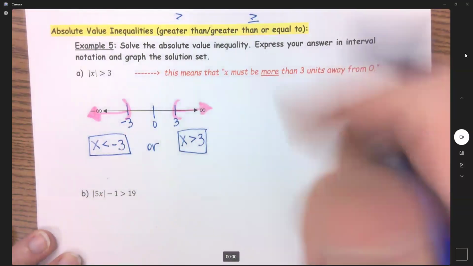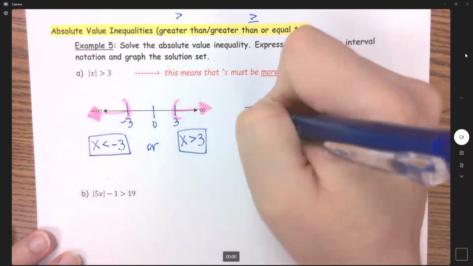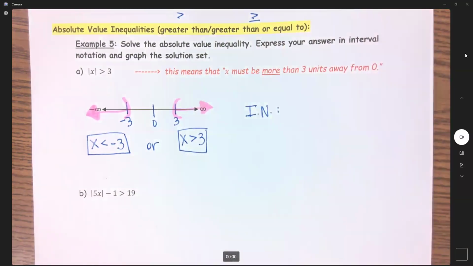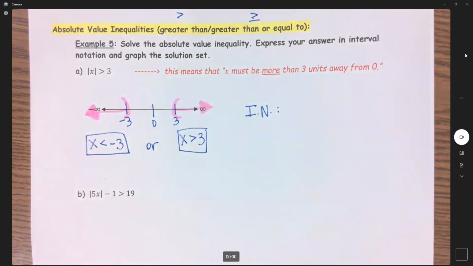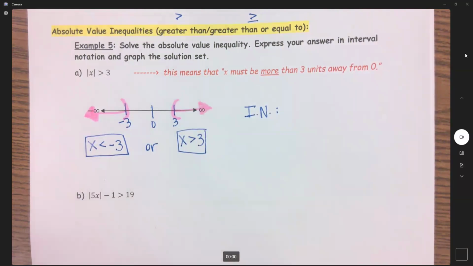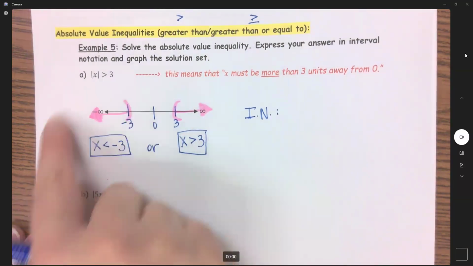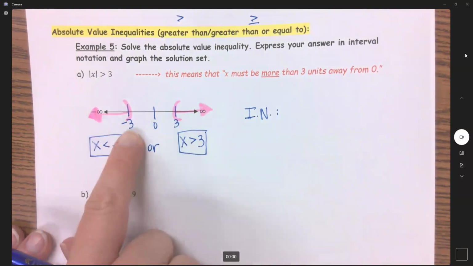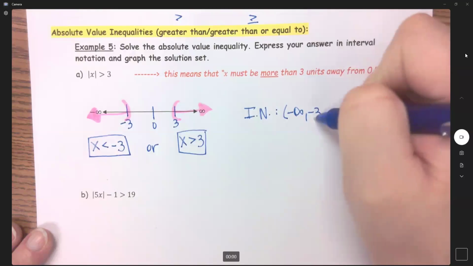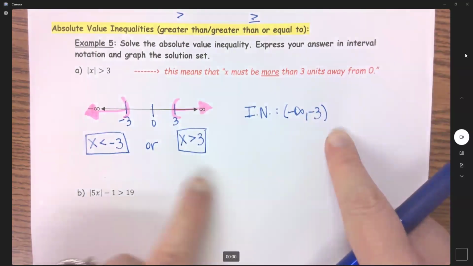Now let's express our answer in interval notation. In interval notation, we have two different sections, and this kind of goes back to what we did on the very first page when we had a not equals to. We have two different portions that are shaded here, so I need to talk about each one individually. This side over here represents negative infinity to -3. Leave a little bit of room here.